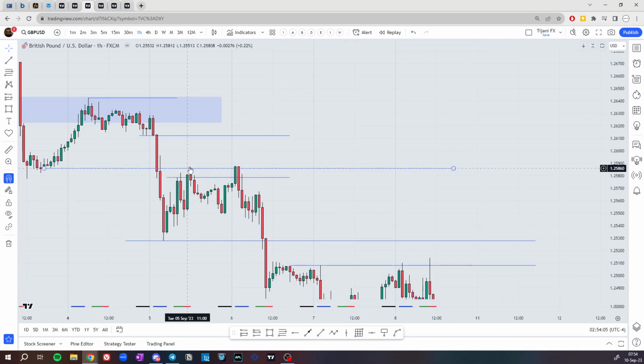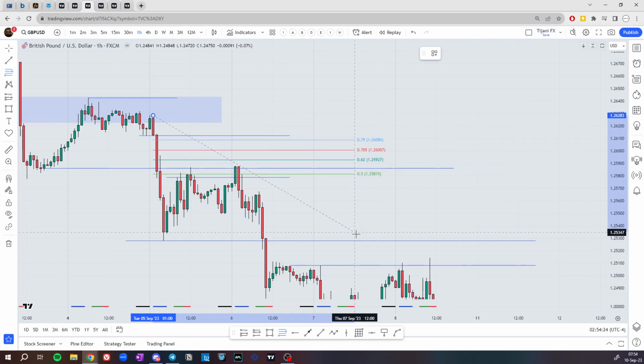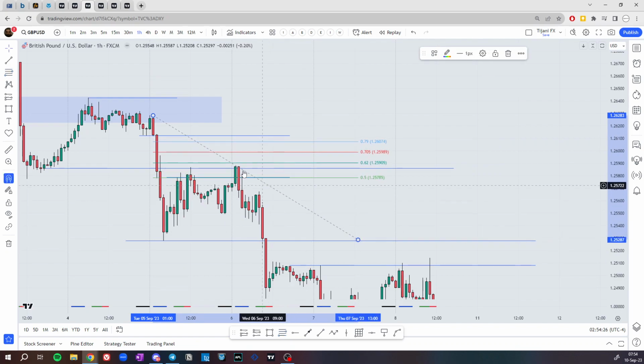See, price has taken the high here, the buy side liquidity above the New York session high, as you see price right here, and we have a retracement to premium range.